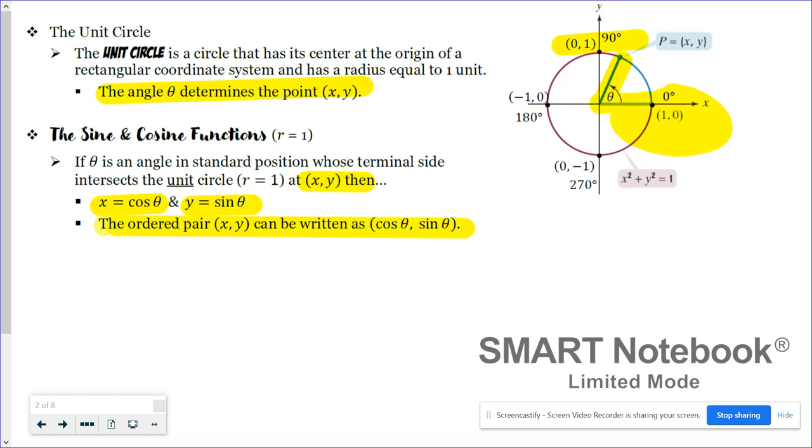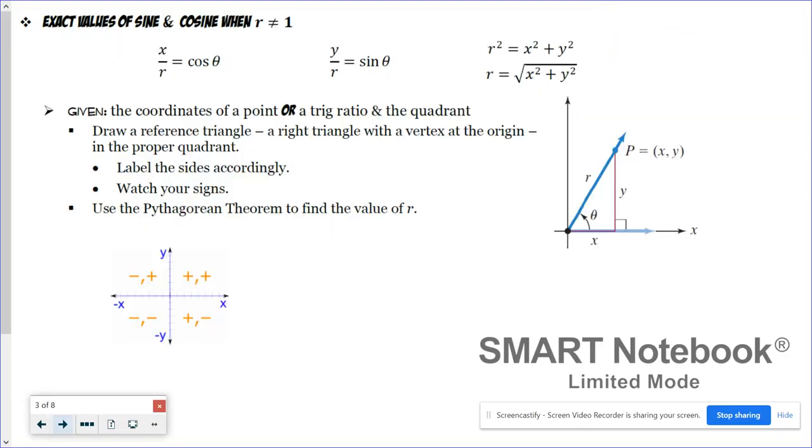Now, not all circles are unit circles. The unit circle has a radius of 1 unit. So how do we find exact values of sine and cosine when the radius doesn't equal 1? Well, that's simple. We're simply going to have to divide by the radius.